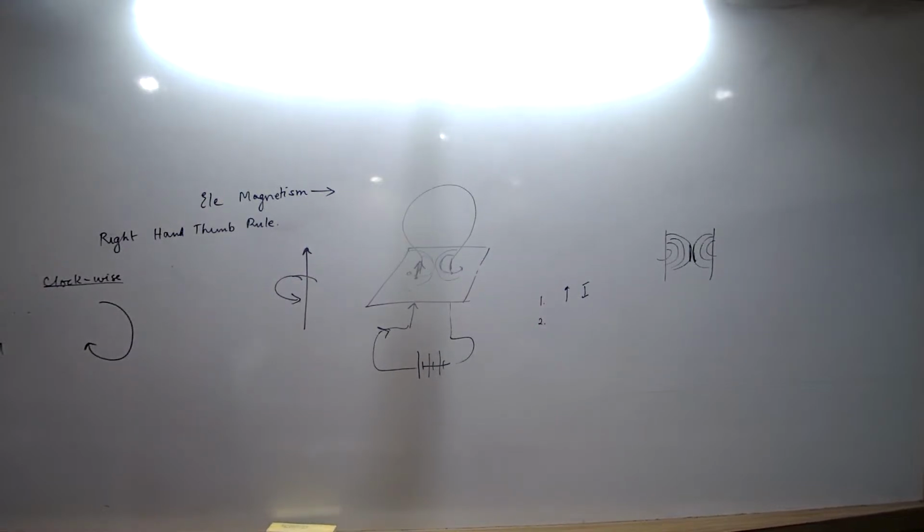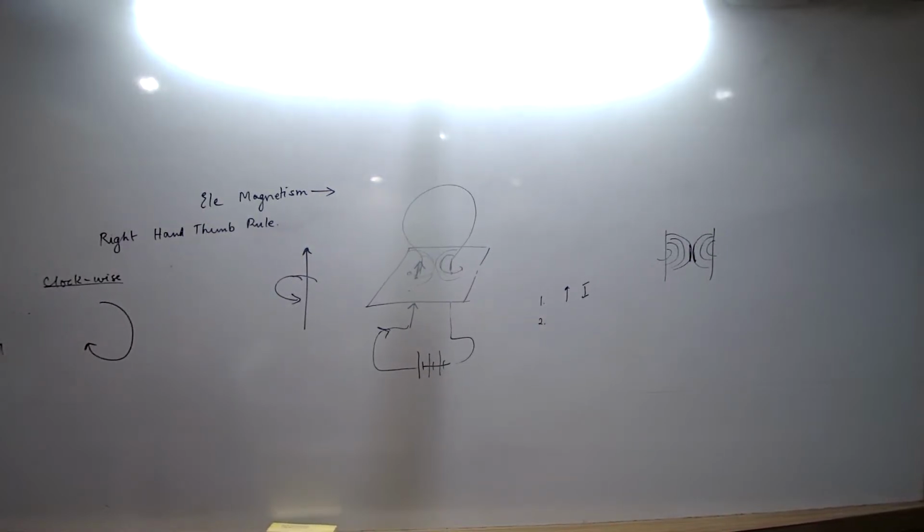And your explanation you will write: if there are n coils, then the field produced is n times as large as that produced by a single turn.